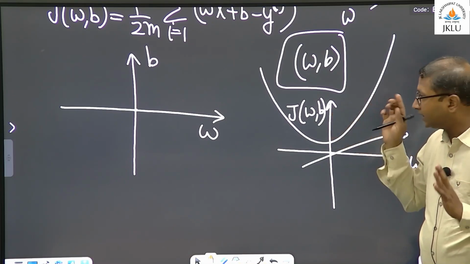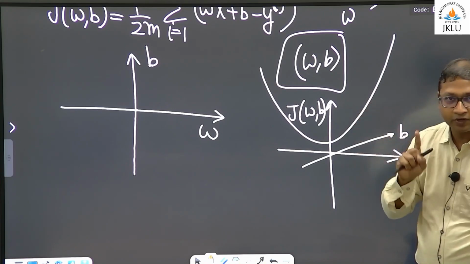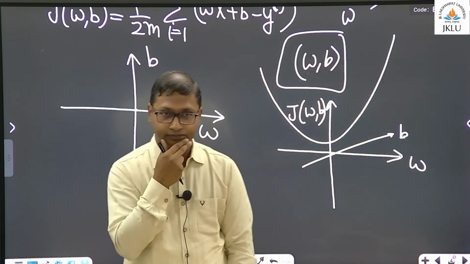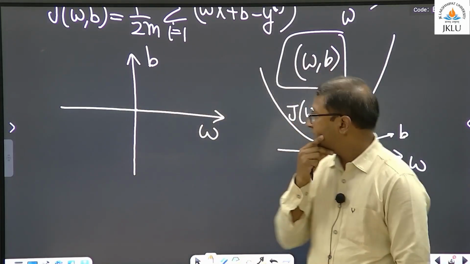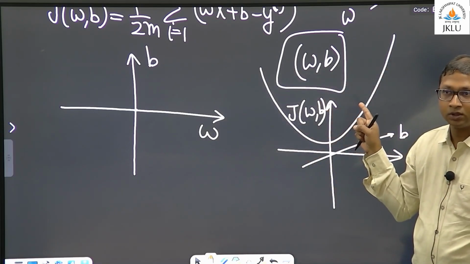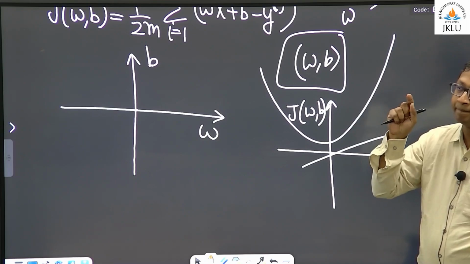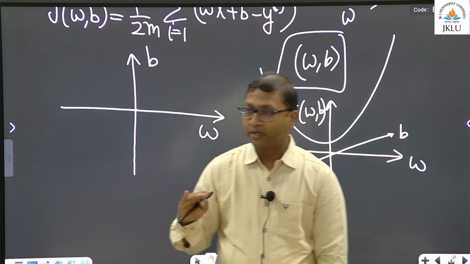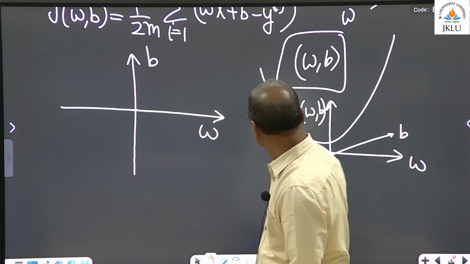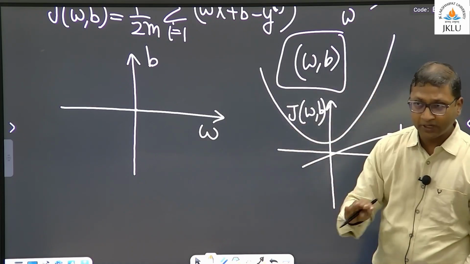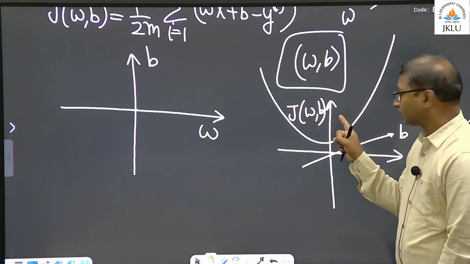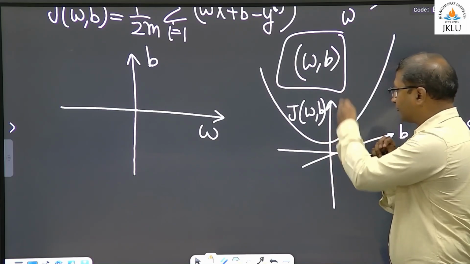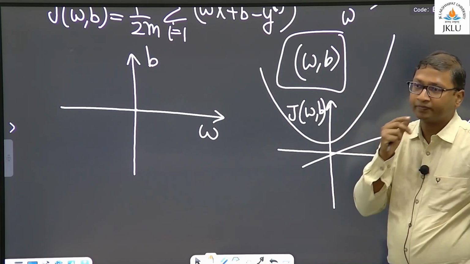In that case, you have to tell me what will be the contours. The axis of this bowl, that means the line that is perpendicular to this particular function at the minima, is parallel to this line.